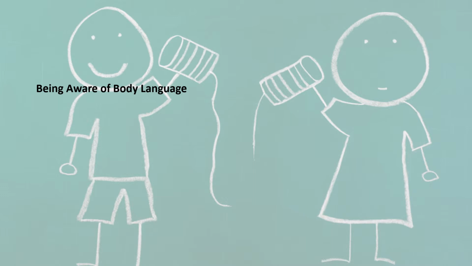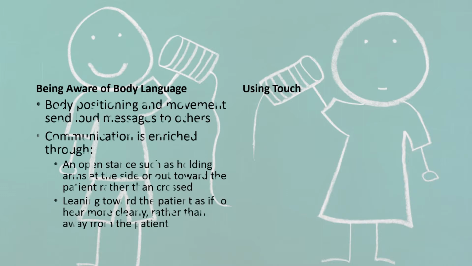We also need to be aware of body language and utilize therapeutic touch. Being aware of body language: be aware of the body positioning and movement because these can send loud messages to others.